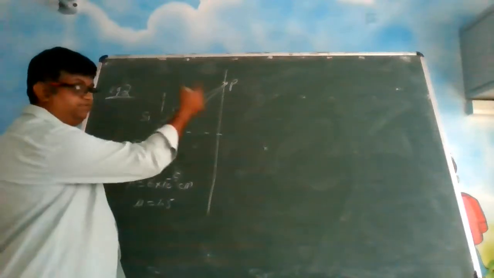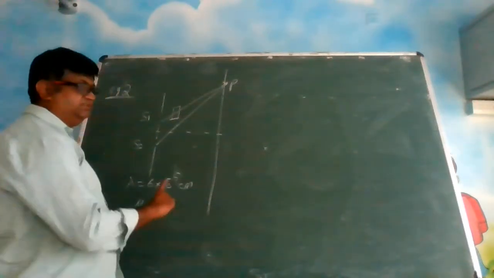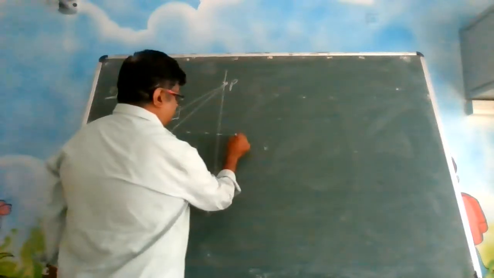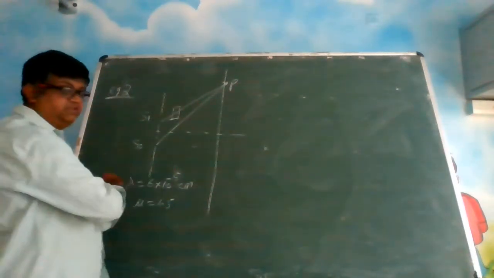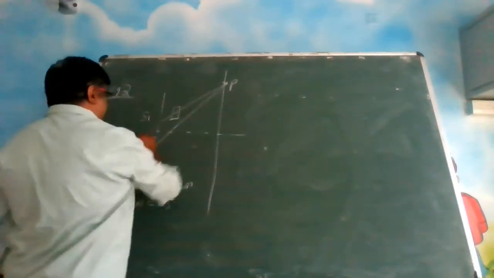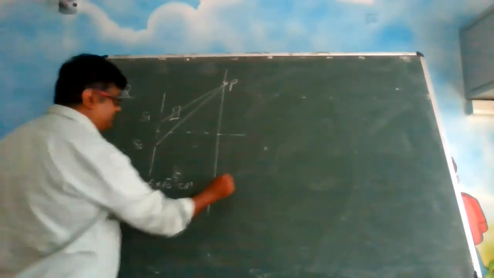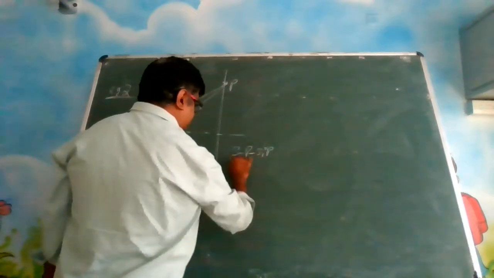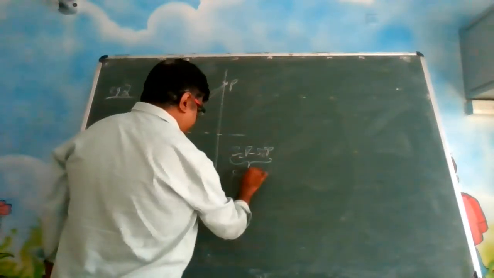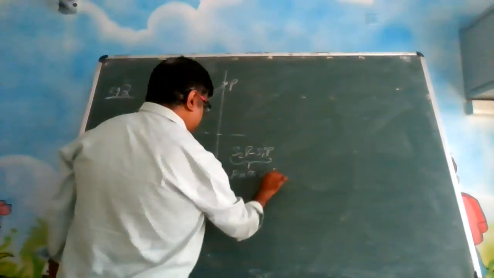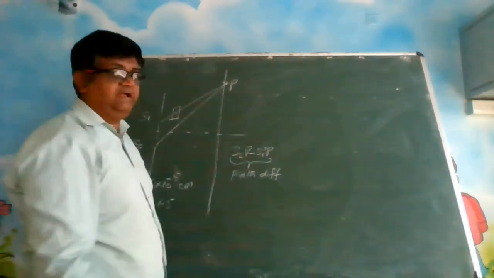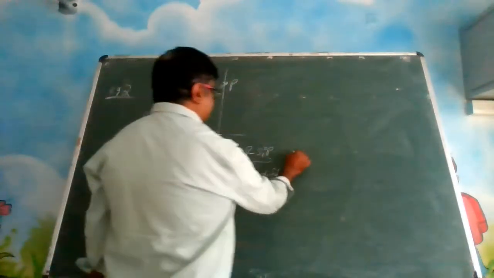Compared with the previous question, where they gave you the shift of the central maximum to some nth order, in this question they are giving you the path difference. S2P minus S1P is the path difference, and it got shifted by 30 fringes.